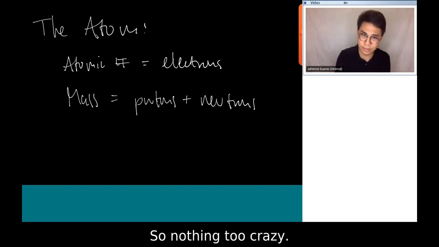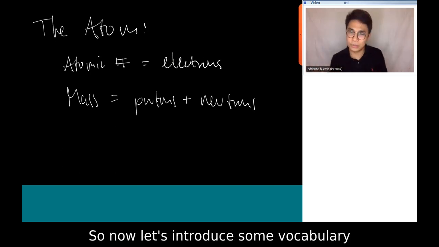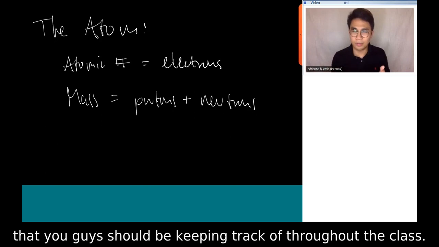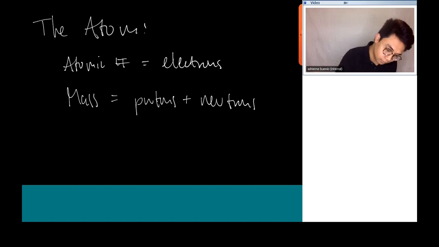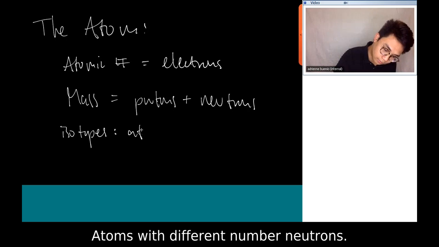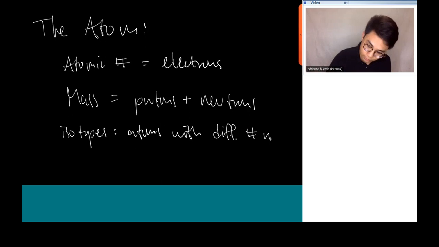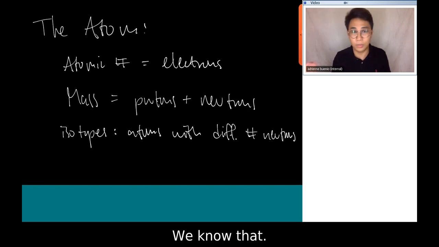Nothing too crazy. So now let's introduce some vocabulary that you should be keeping track of throughout the class. Isotopes: atoms with a different number of neutrons.